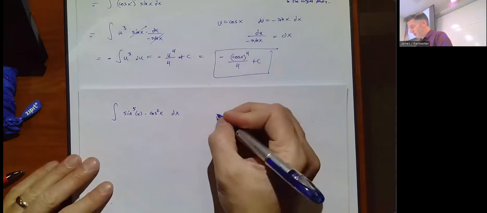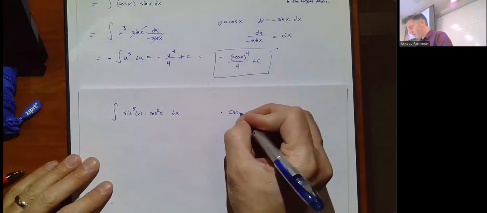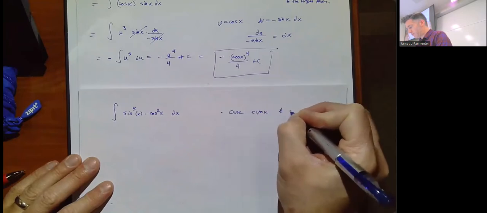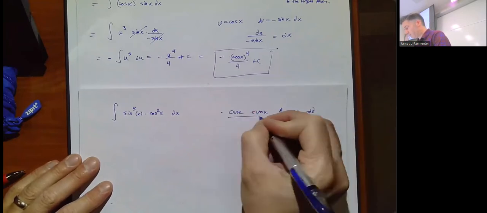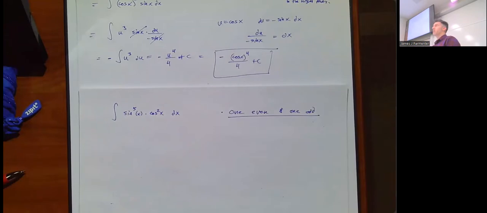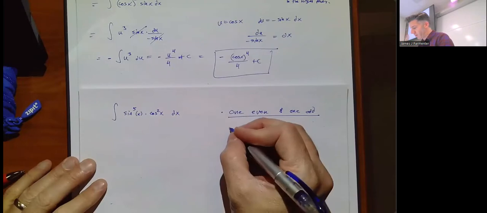Okay, so if we have one even, one odd, what do we do? You let u equal, oh, I have to think about it. Which one do we do? Okay, yeah. You let u equal the one that's even.